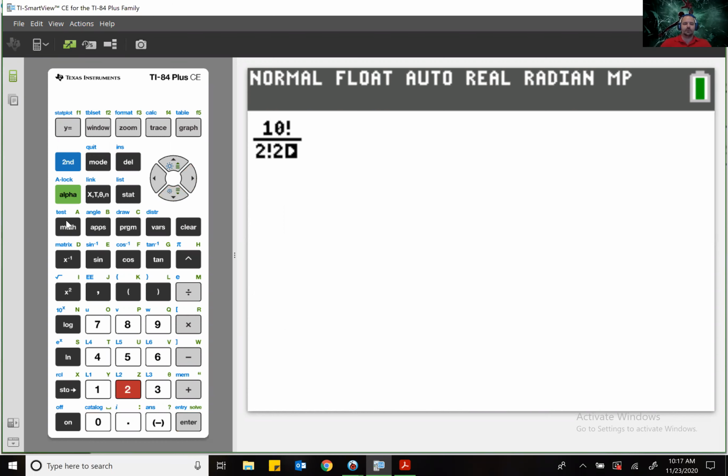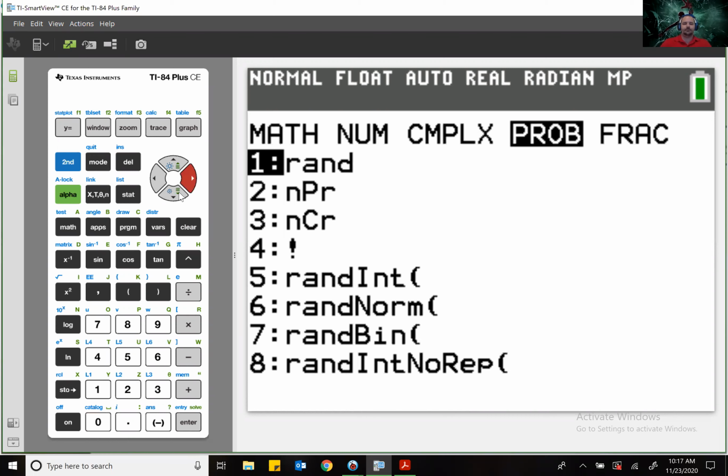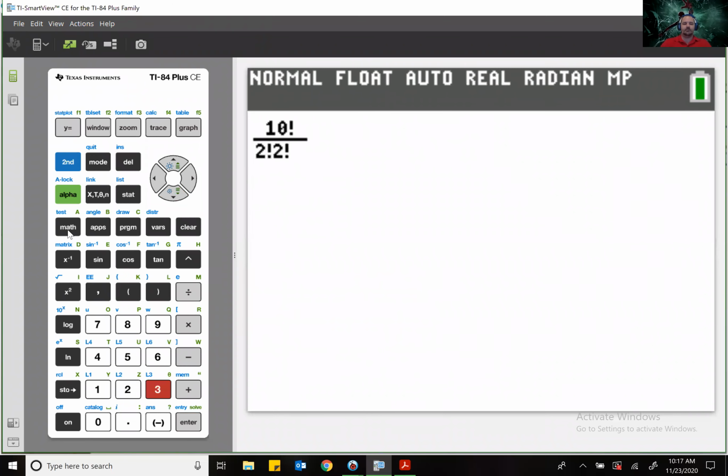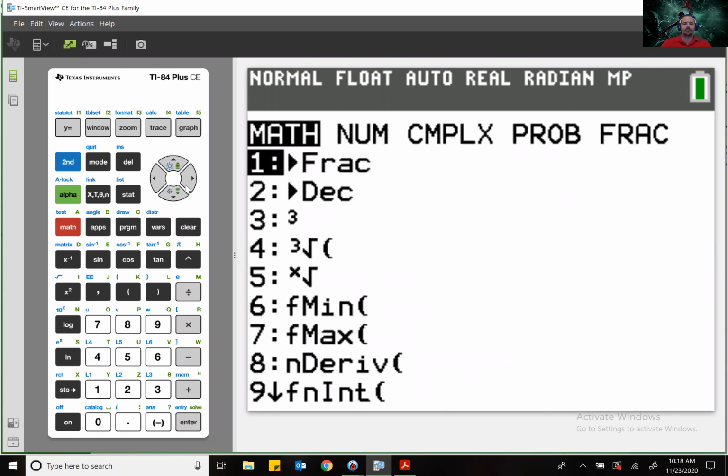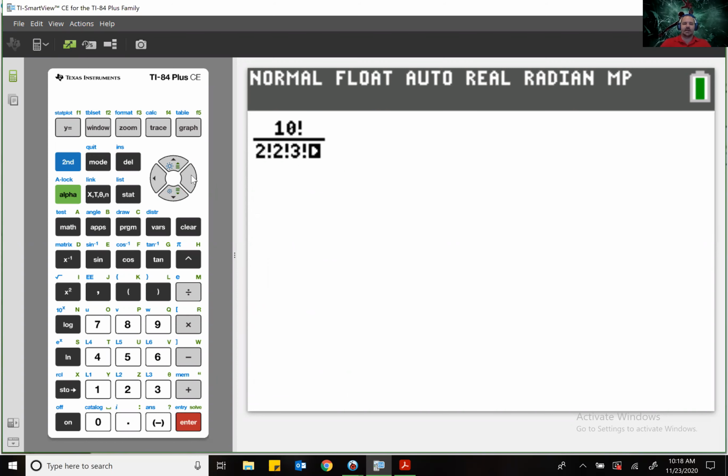And then the 2, math, prob, factorial. And 3, math. Oops, sorry, clicking the wrong one. Factorial. And there it is, just like how I wrote it. And hit enter.